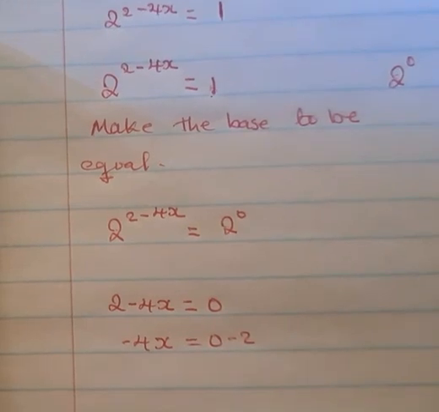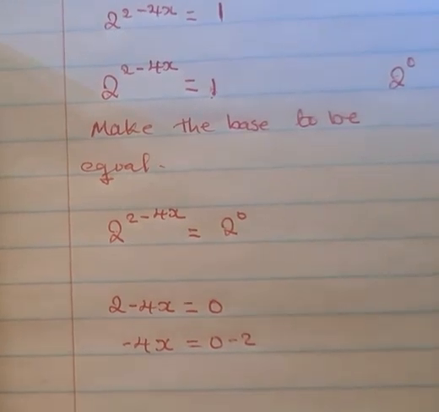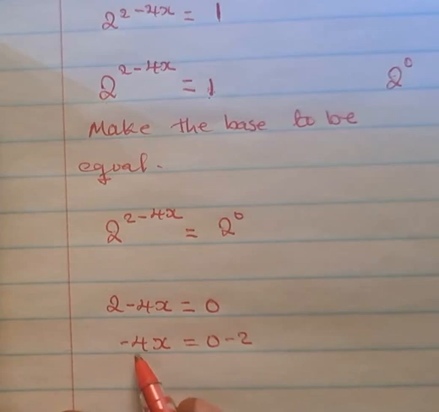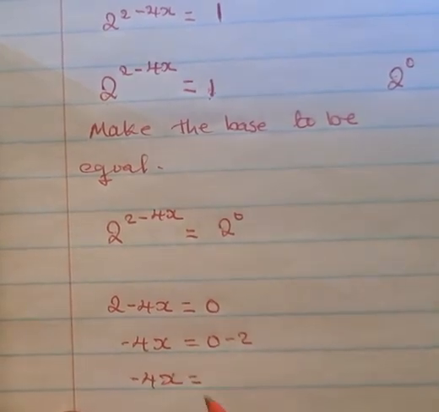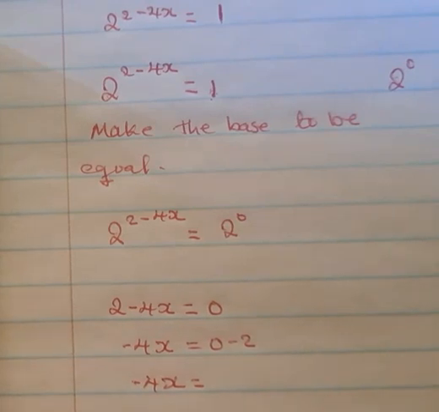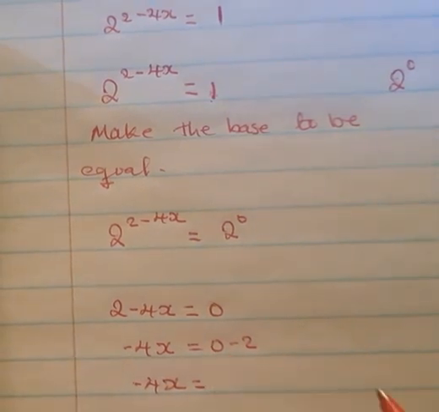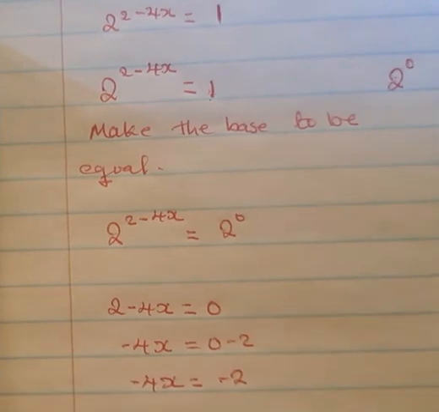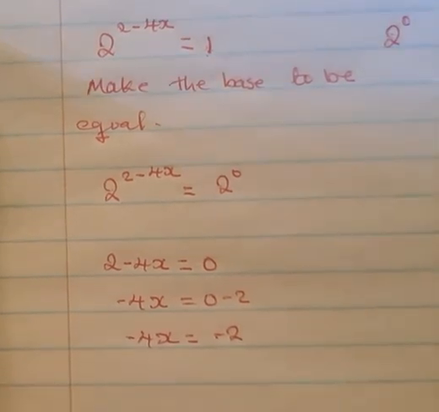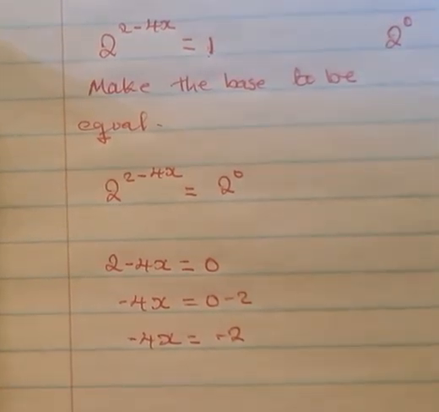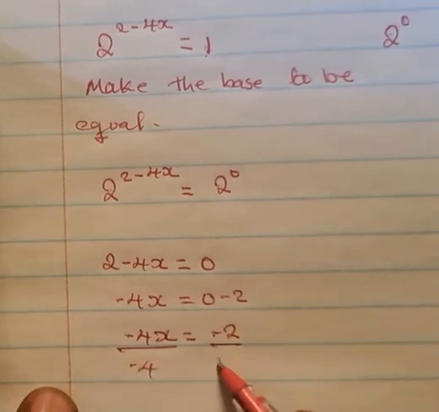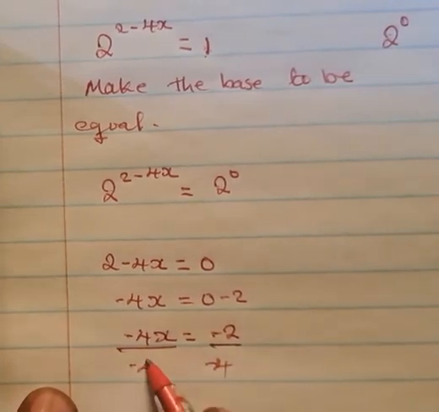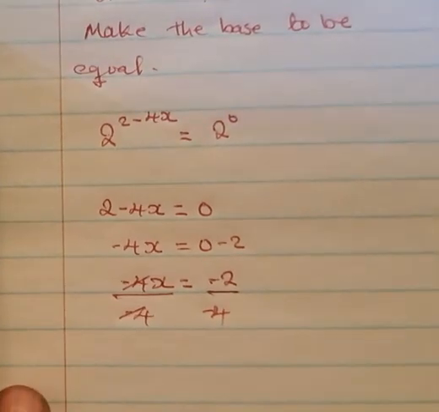Okay, so far so good. We are toward the end. Then here we are going to have minus 4x is equal to, I'm trying by all means to avoid shortcuts, so 0 minus 2, it's minus 2. Okay, you can pause the video and then finish from here. So here we're going to say negative 4, even here negative 4, so that negative 4 and negative 4 will cancel each other.